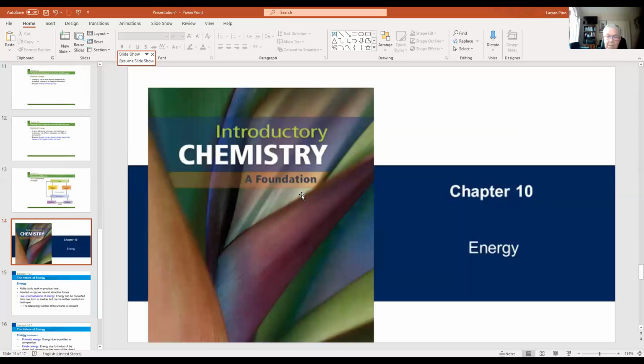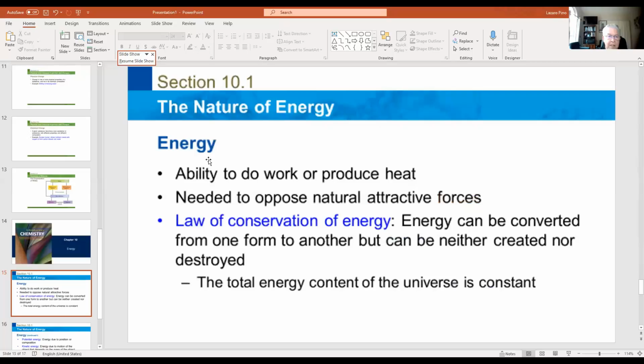In chapter 10, you will speak about only energy. What is energy? It is the ability to do work or produce heat. You need to know the law of conservation of energy. Energy can be converted from one form to another, but can be neither created nor destroyed.